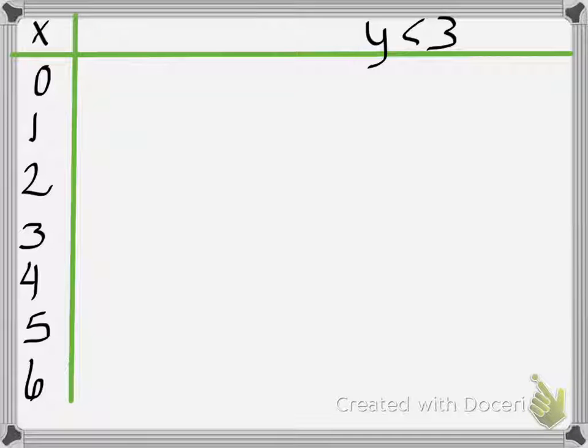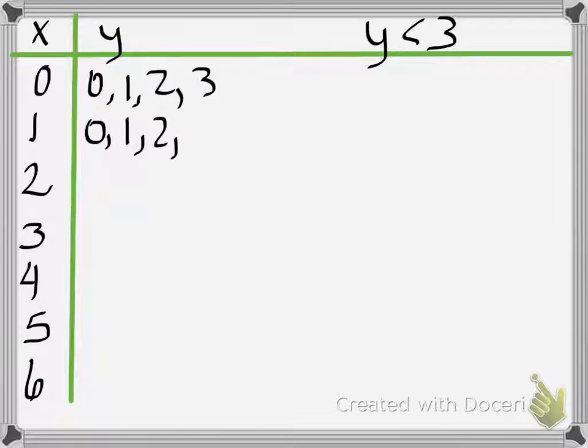So our x's and our y's. So x was 0, we could be at 0, 1, 2, or 3. When x was 1, we could be at 0, 1, 2, or 3. And so forth.